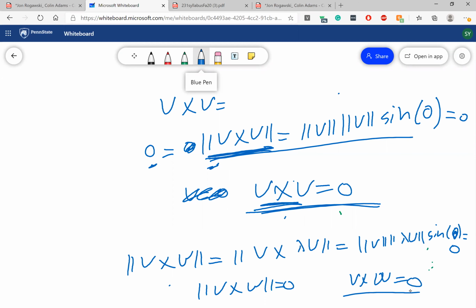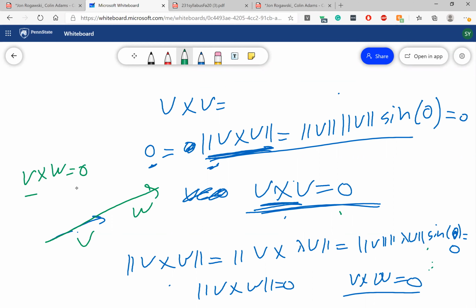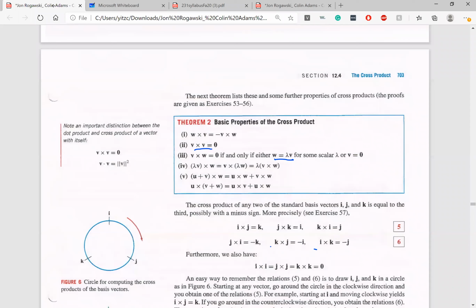So if you have two vectors which are parallel to each other, here's my vector V and my vector W, then V cross W is going to be 0. And obviously in the other direction, if V is 0, then this will be 0. That's pretty easy to see.